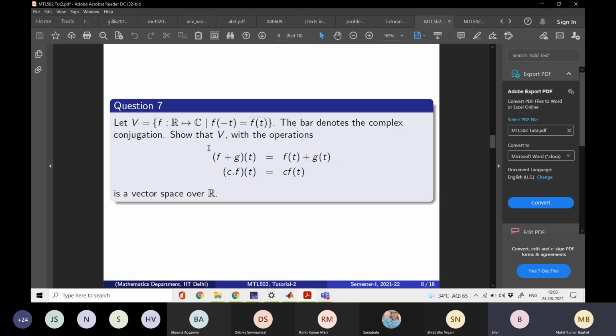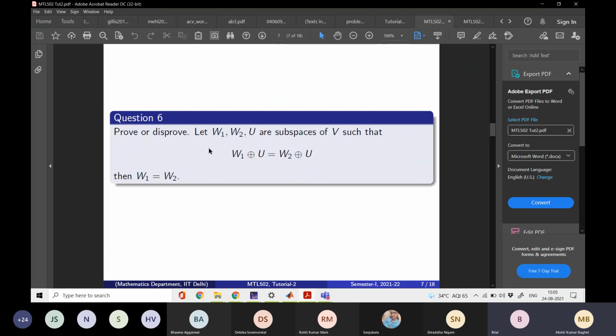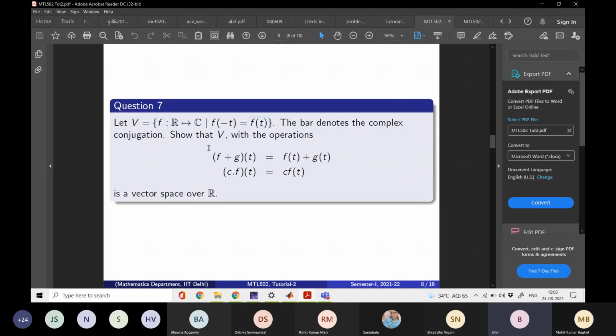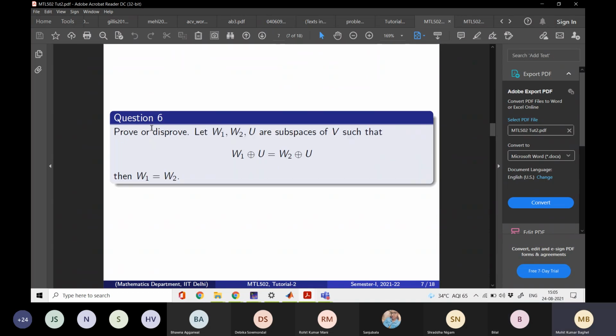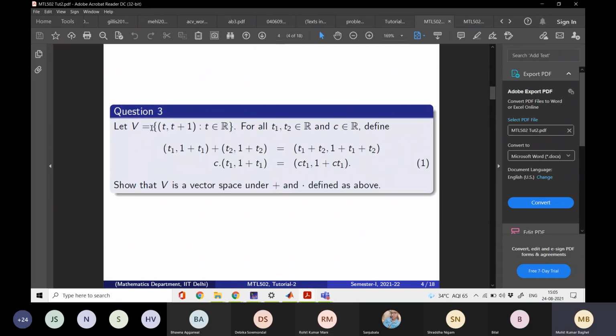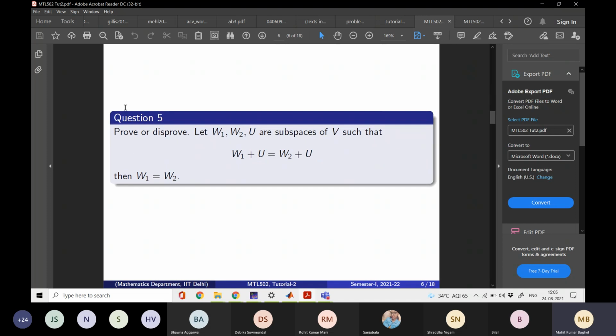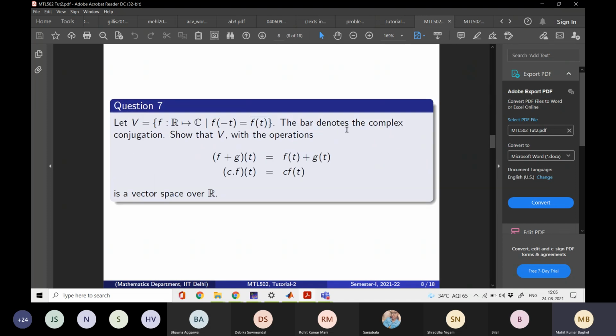For question 7, you have to verify all 8 properties. So basically you can do question 3 or question 7. You have to show that it is a vector space for the given operation.